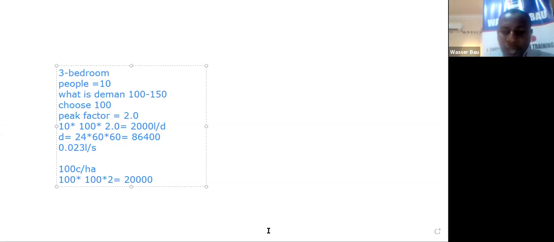How we got it is that for this one we assumed 130 here from what you're given. 130 times population density, you convert it to the appropriate unit, multiply by 2.